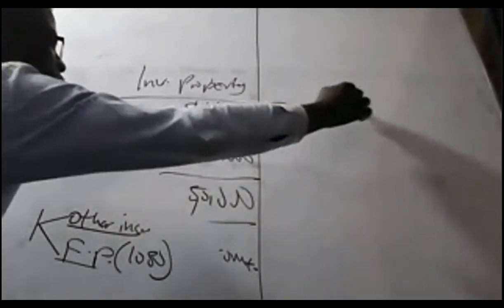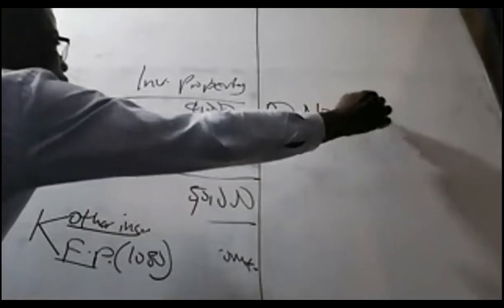So if you use the fair value model, one, we don't depreciate the investment property. No depreciation under the fair value model. That's why the examiner did not waste his time to give you the depreciation policy or rate for that building.